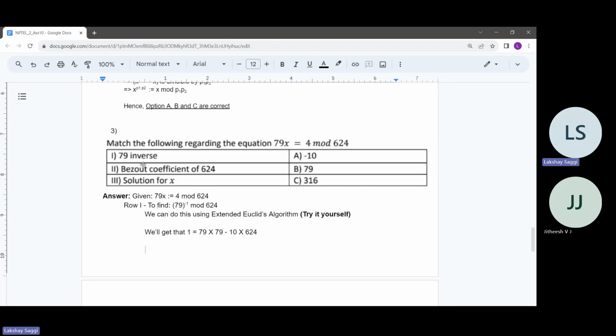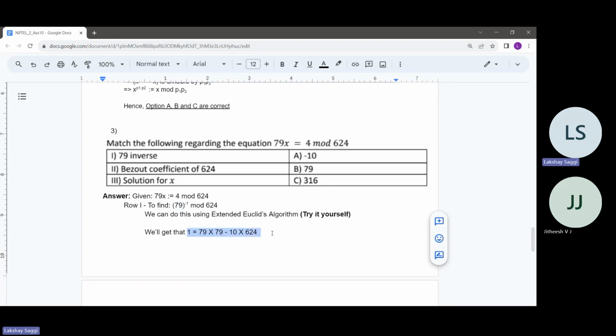Now we also need to find 79 inverse. We want to find a number x such that when it is multiplied by 79, it leaves a remainder of 1 when divided by 624.